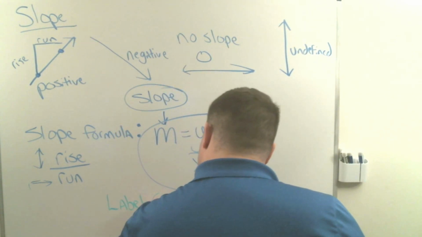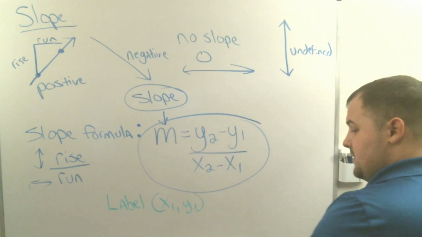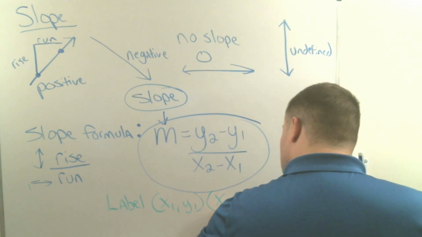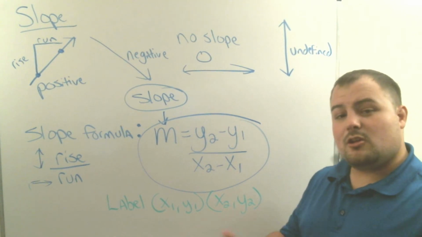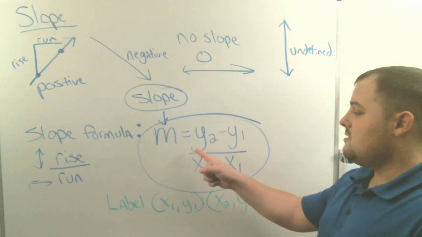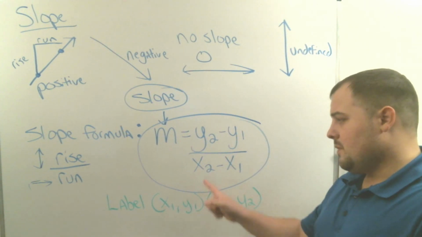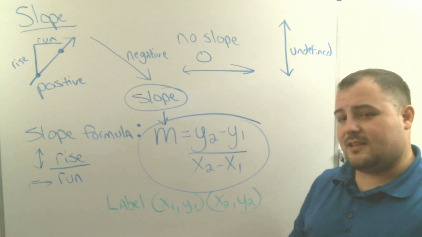Label the first set as x1, y1 underneath the numbers, and then label the second set x2, y2 underneath the numbers, and that'll make the slope formula a little bit easier to apply, because the slope formula is when we take our y2 number minus our y1 number, over our x2 number minus our x1 number. And we're actually going to apply that in this lesson.